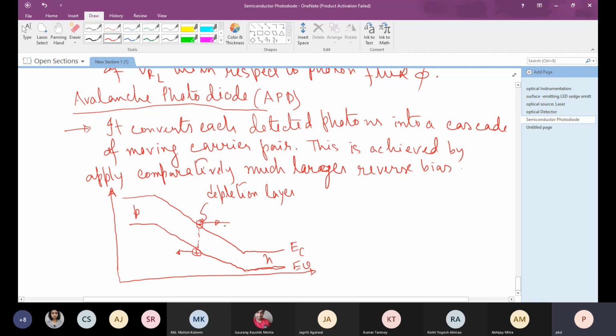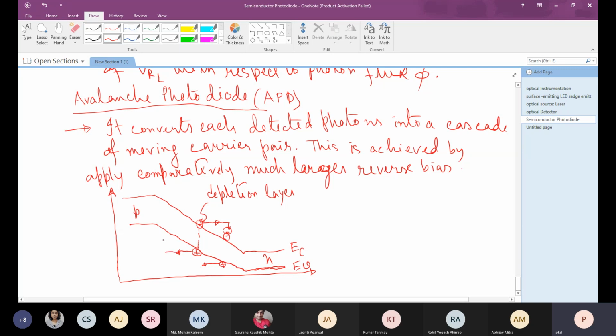Now, as the accelerated energy achieves enough power to knock down a subsequent pair, this is the original one, so it has knocked down one electron, and correspondingly a hole will also be created here in the valence band, and that will be accelerated.